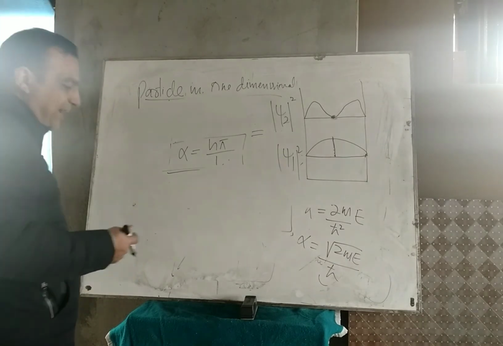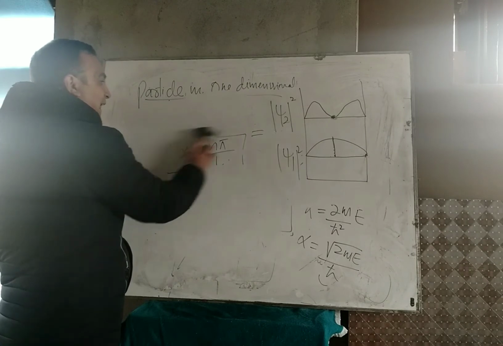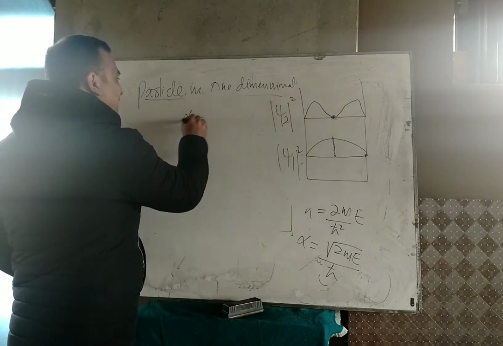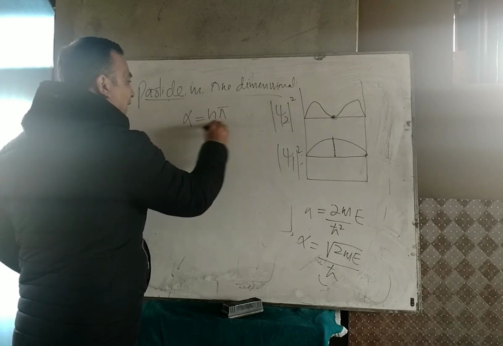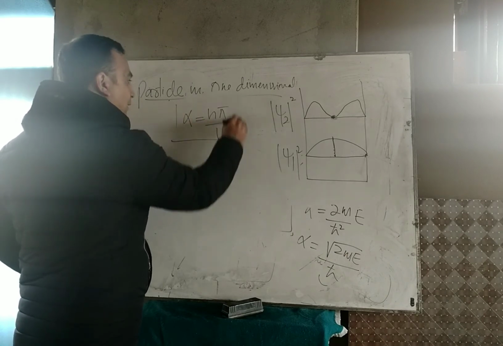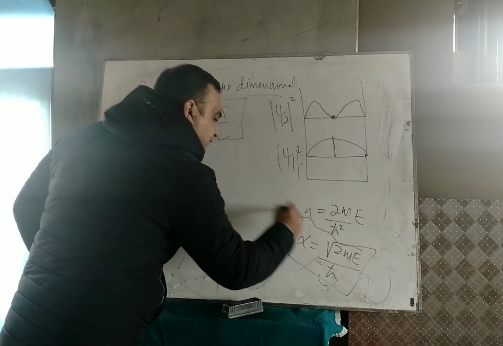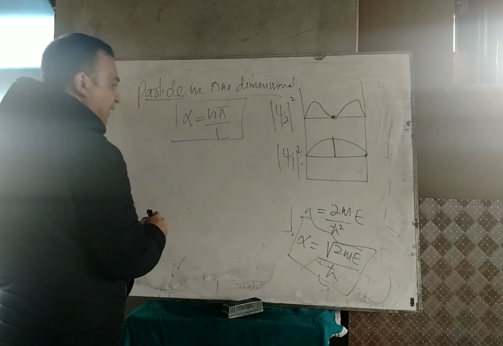Now the next question here is energy. What will be the energy? So alpha has come out to be n pi by L. From here, alpha is equal to this much.